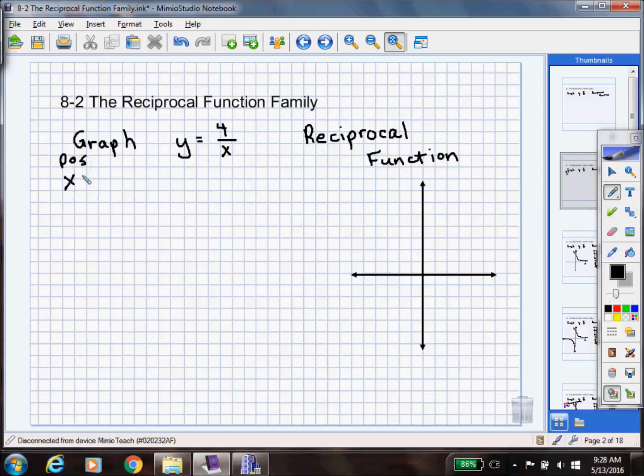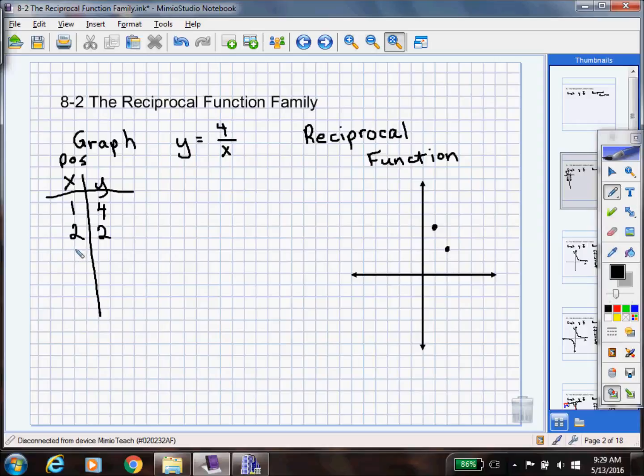We're going to start with the positive side, and we're going to pick some values for x. So when x is 1, you divide 4 by 1 and you get 4. And you go ahead and graph that point. When x is 2, we do 4 divided by 2, and that gives you 2. And we graph that point, 2, 2.